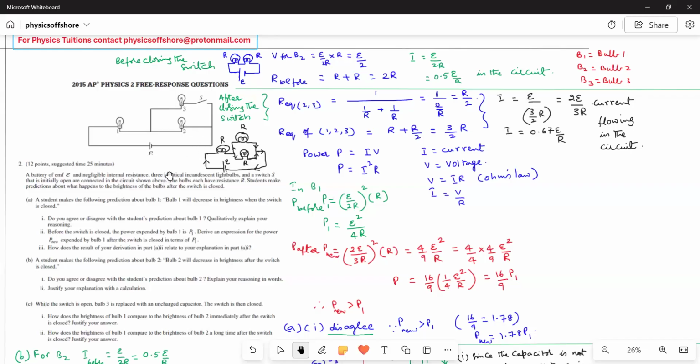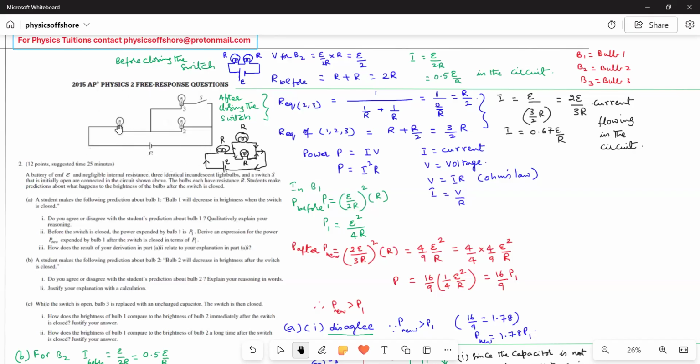Now we have to look into the technicalities of the circuit. This is a combination circuit. Initially, when the switch is open, this is a series circuit, just this one. 2 bulbs are in series. Both the bulbs have the same resistance connected to a battery having the voltage E. And if we close the switch, then bulbs 2 and 3, the circuit becomes a combination circuit.